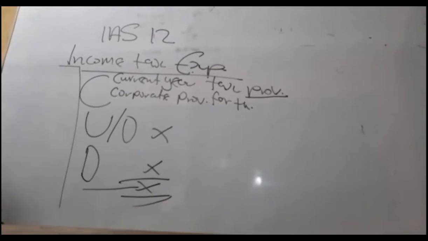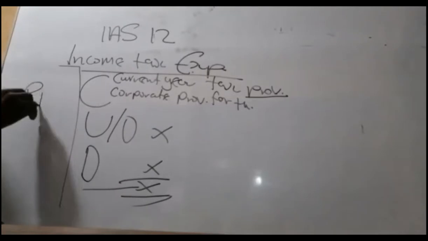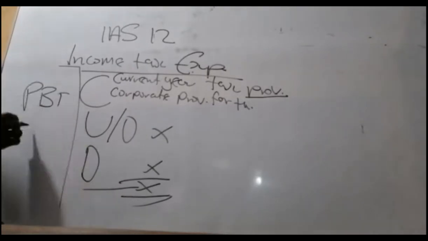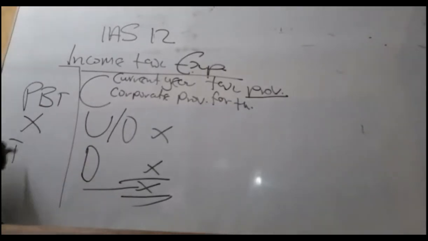Now, in reality, if you want to make that estimate, it's your profit before tax times your tax rate. You are done. But for examination purposes, they'll give it to you.